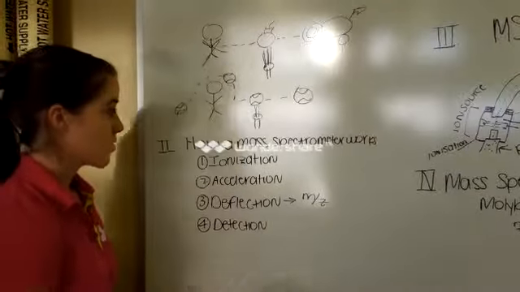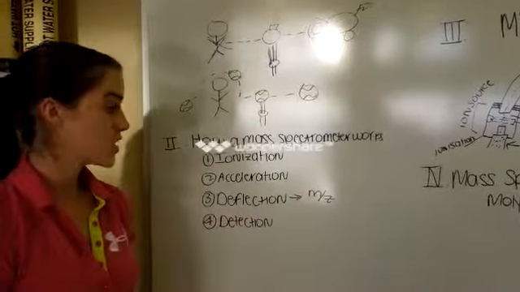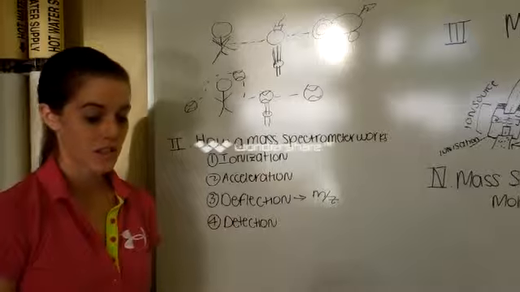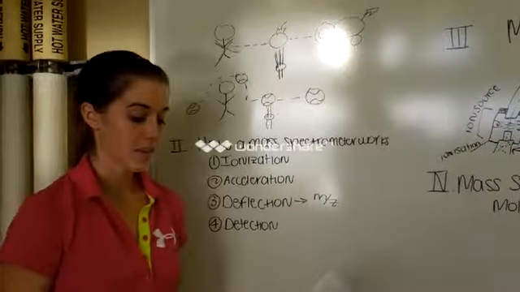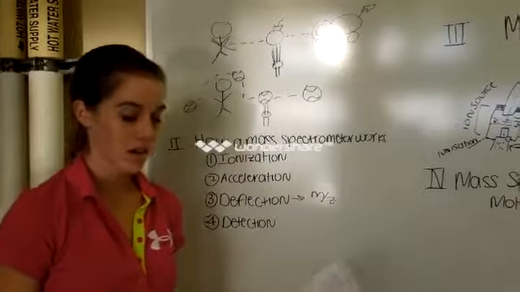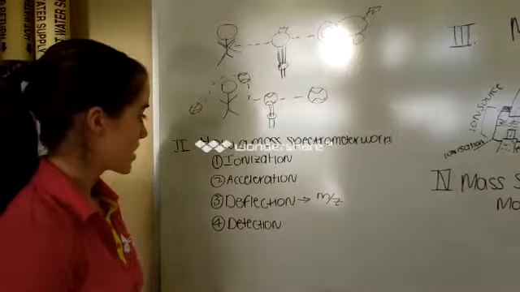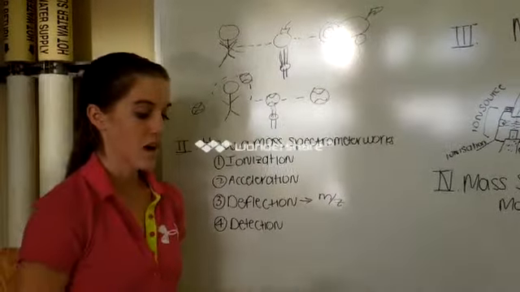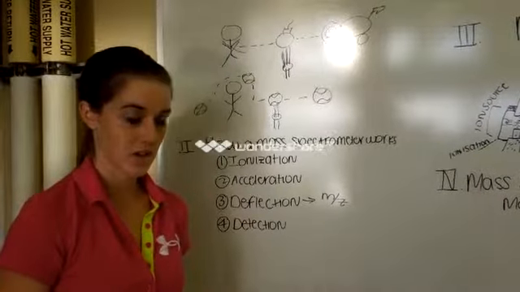So how this all works is through four main stages, and these include ionization, acceleration, deflection, and detection. In ionization, an atom is ionized by knocking one or more electrons off to give a positive ion, and this always works with positive ions. In the next stage, acceleration, ions are accelerated so that they all have the same kinetic energy.